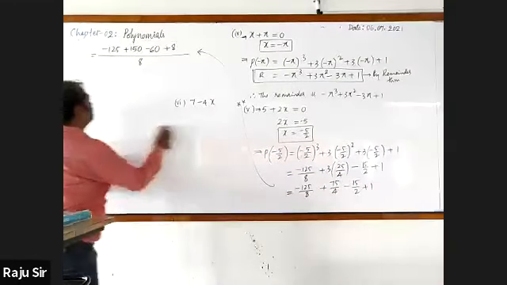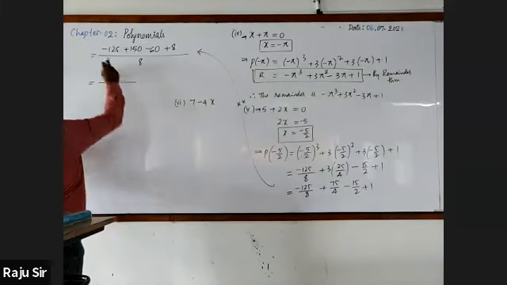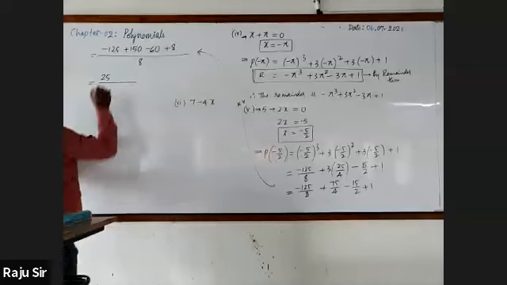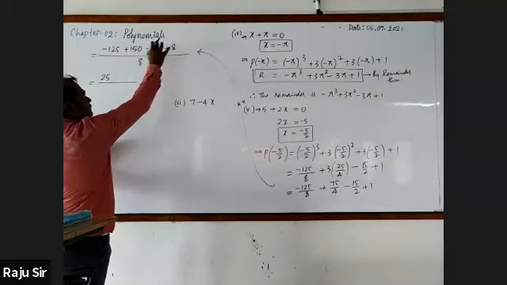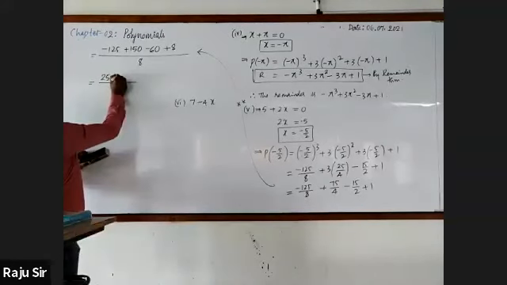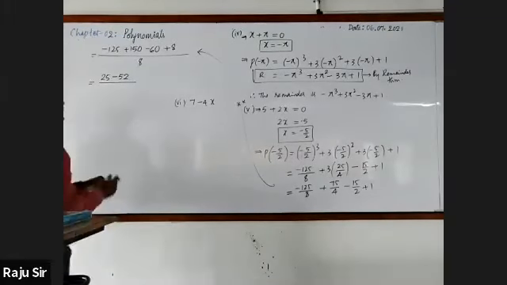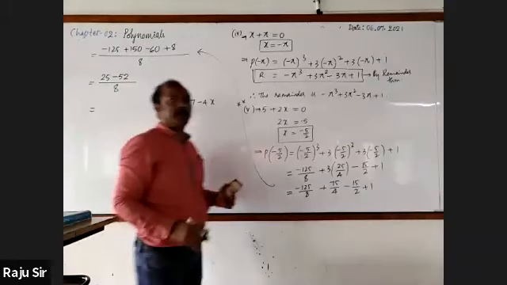Next, it is equal to. Observe how simple it is. Minus 125 plus 150 is 25. Minus 60 plus 8 is minus 52. Divided by 8. What is 25 minus 52?